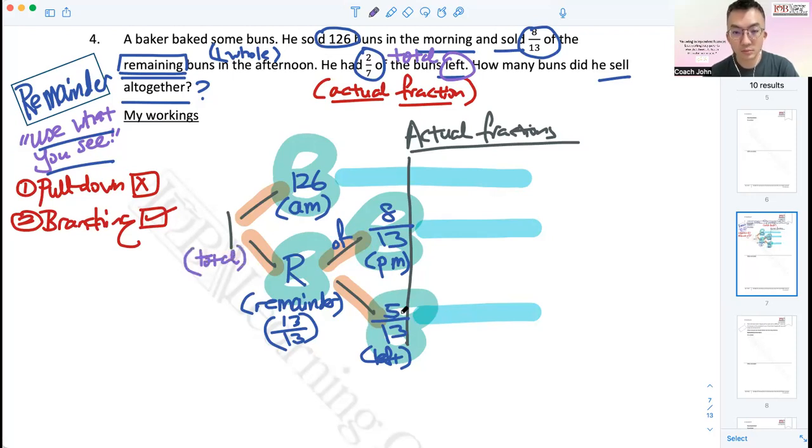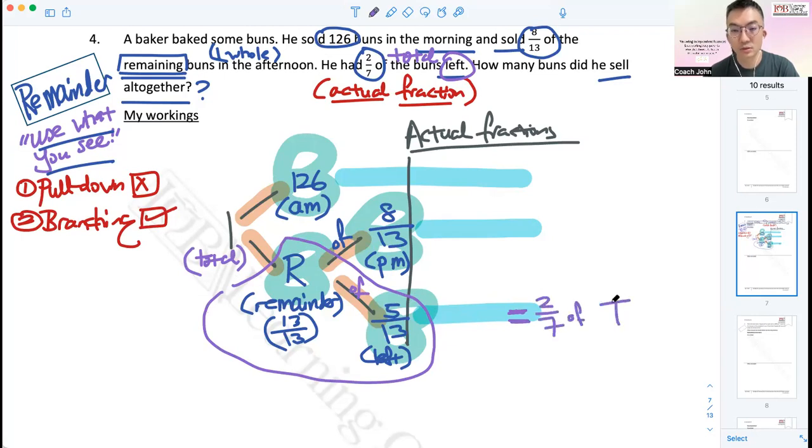So in this space, there's an "of" here as well, because it also says 5 out of 13 of remainder. Okay, and that is equal to, or the same as, 2/7 of total.